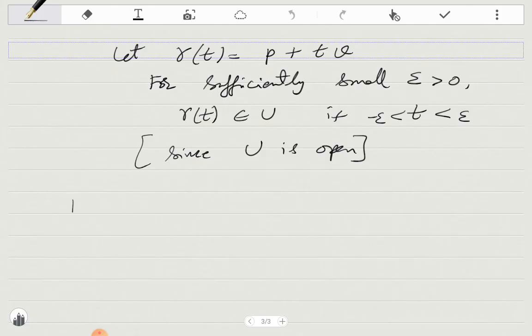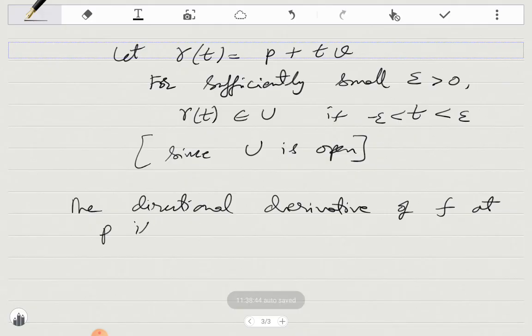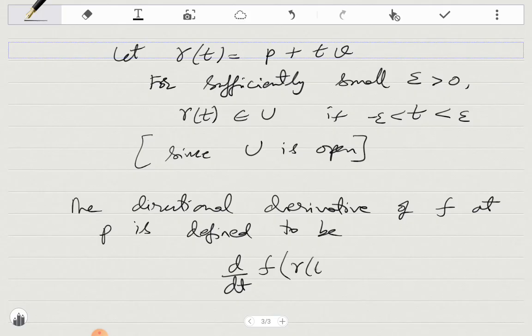Then the directional derivative of f at P is defined to be d by dt of f of gamma t at t equals 0.